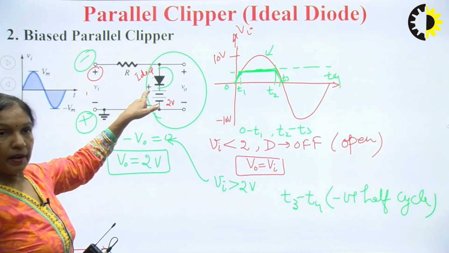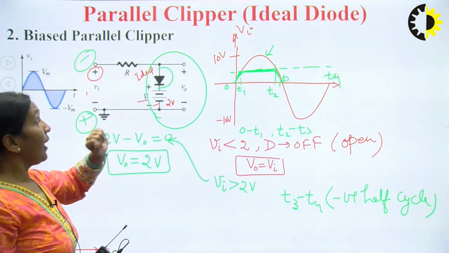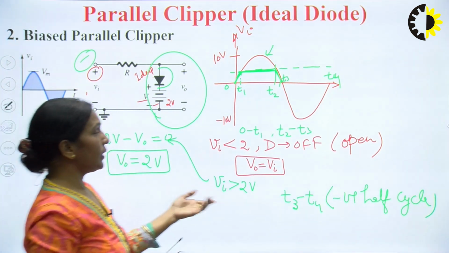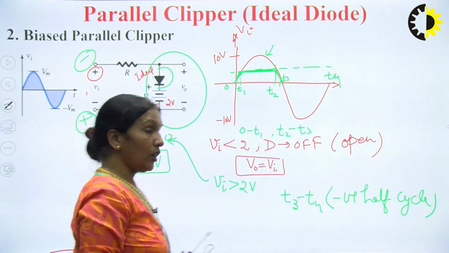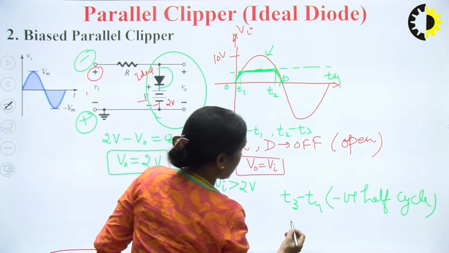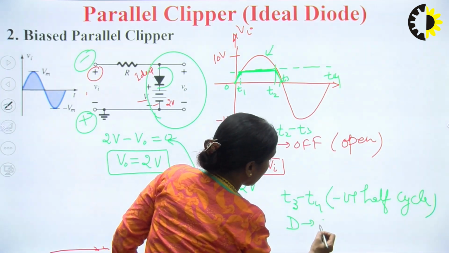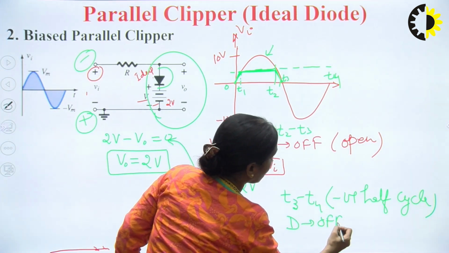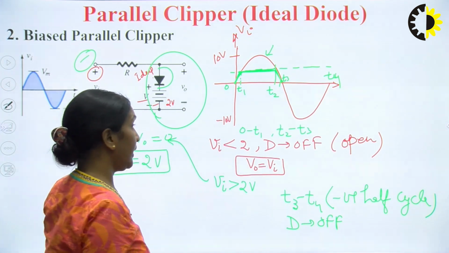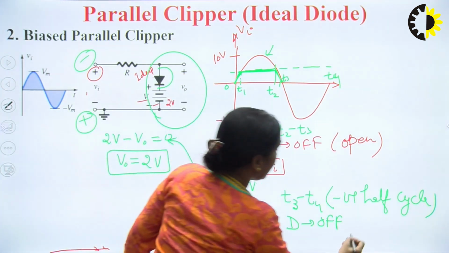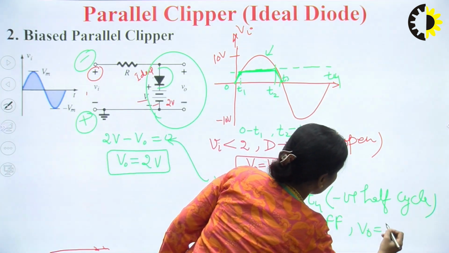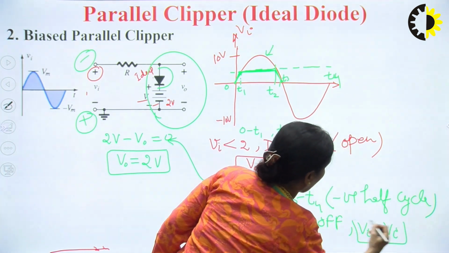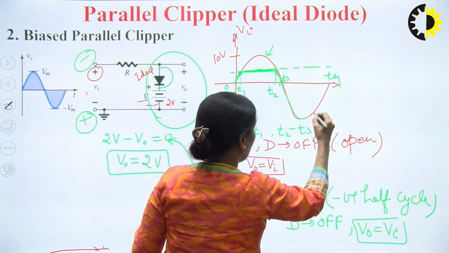Also, this battery is also making your diode reverse bias. So throughout the negative half cycle, your diode is in off state. Off means open circuit, and if it is open circuit, then V naught will be equal to Vi. So this is your output waveform.